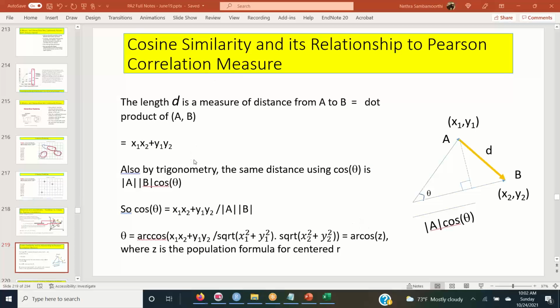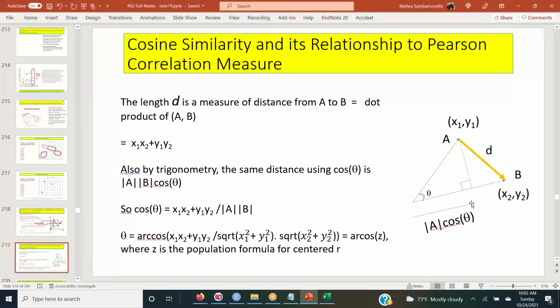And cosine similarity and its relationship to Pearson correlation, again, I'm mentioning it here. Okay, so again, if you have a vector A and vector B, this is the measurement that you can get using this formula. Absolute A, that's a projection of A onto this B. Okay, absolute A times cosine theta.